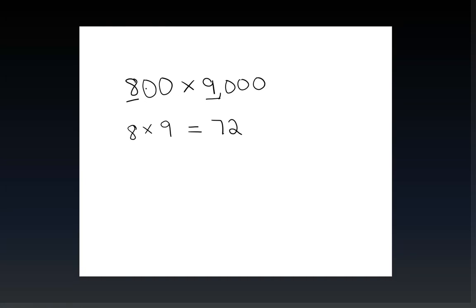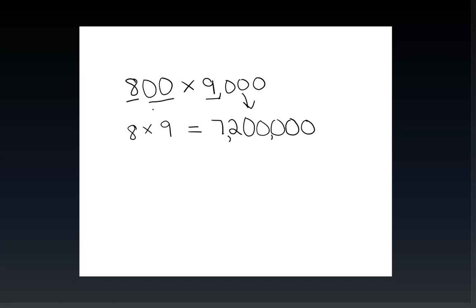Now, I had some zeros on this side too, though. I'm going to see I had 3 zeros here that I know I needed to add. But I also need to add back on my zeros from my original number. So I need to add 2 zeros.